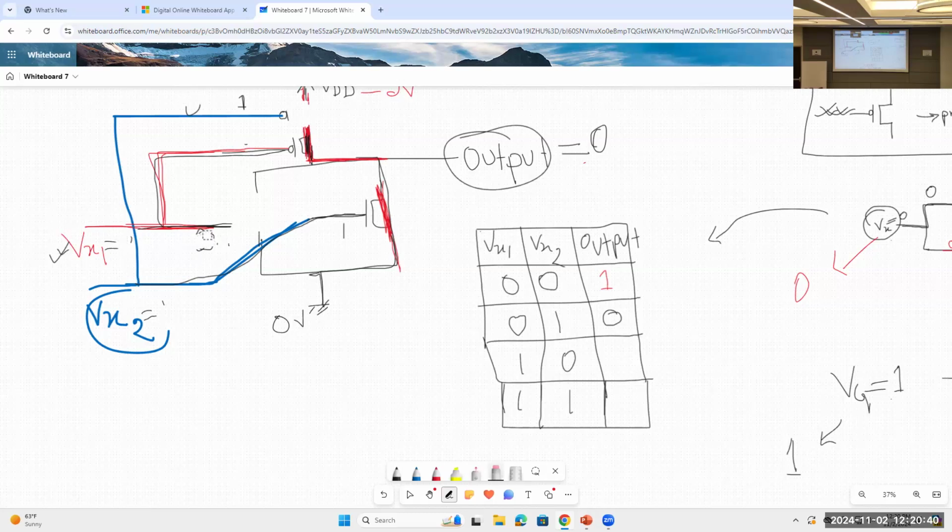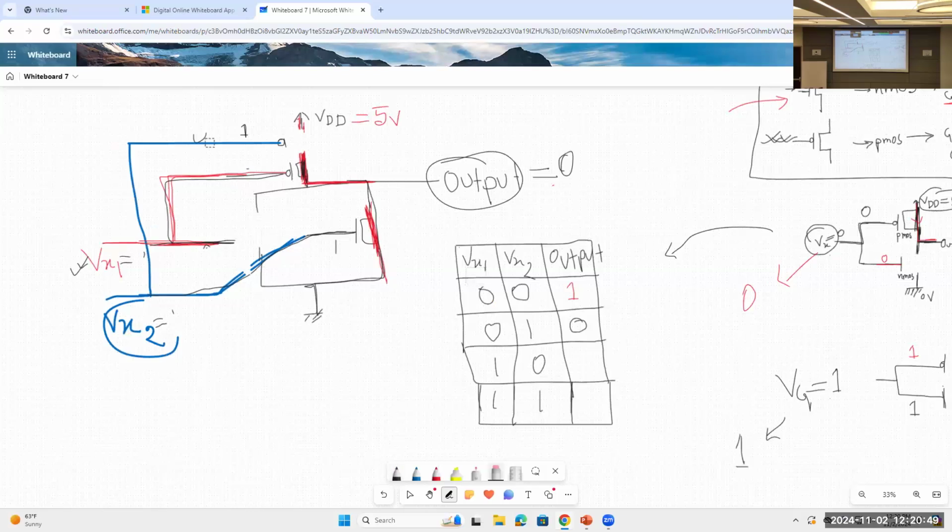Let's reset the circuit. Okay. So here we are in the third combination, where we will set VX1 to 1 and VX2 to 0.